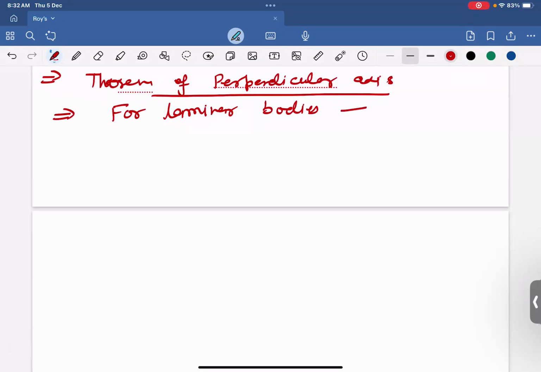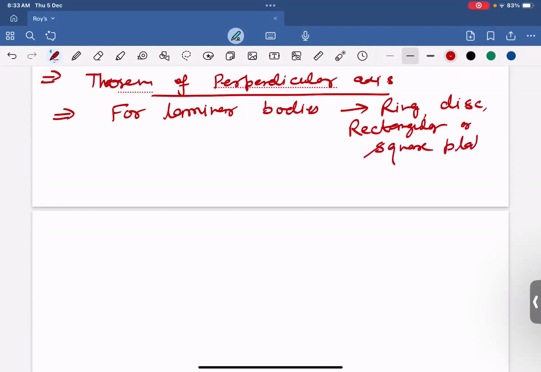Laminar body means two-dimensional bodies, like you can use it in a ring, in a disc, or in a rectangular or square plate or sheet. In these figures, you can use this theorem, that is theorem of perpendicular axis.